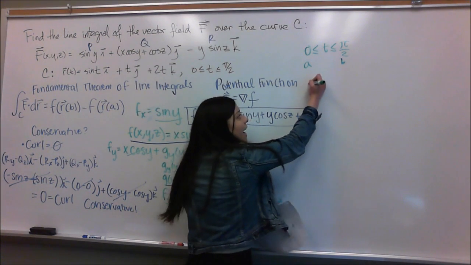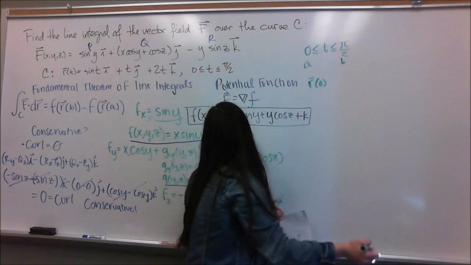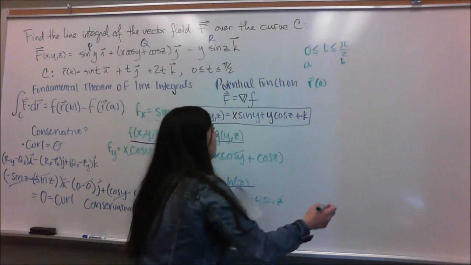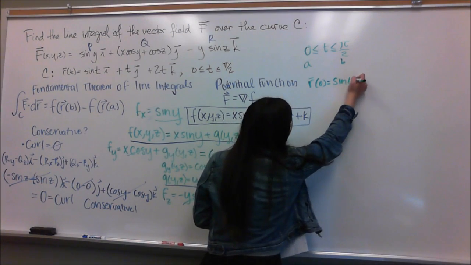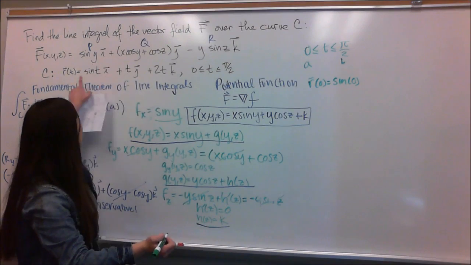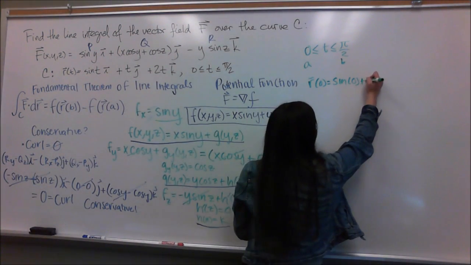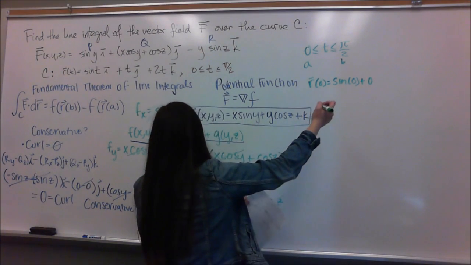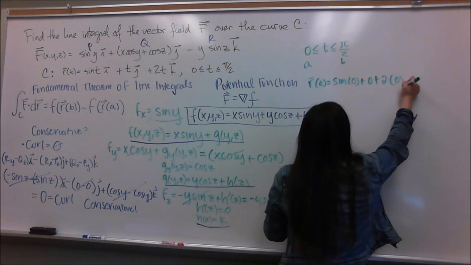So we have r of a, which is r of 0, and that's going to equal sine of 0. I'm using this function right here, this path, plus 0 plus 2 times 0.